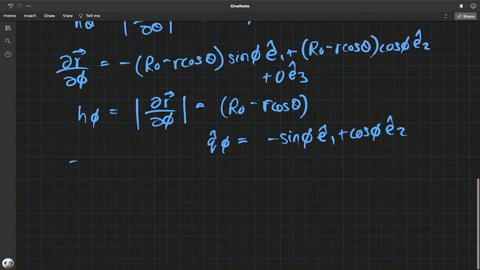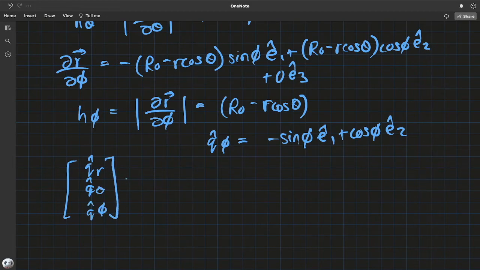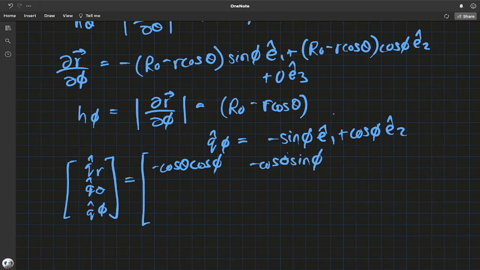Okay, we can write this in a column vector form. So the matrix is going to be negative cosine theta cosine phi, negative cosine theta sine phi, in case you're wondering how I get this, you can check by using matrix multiplication that you actually get those values.